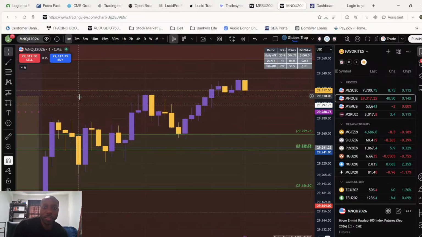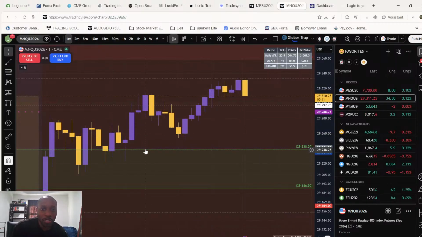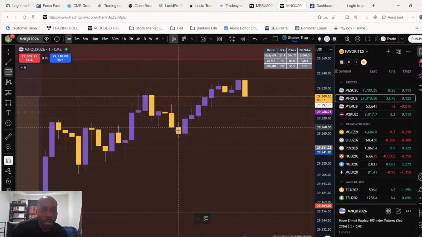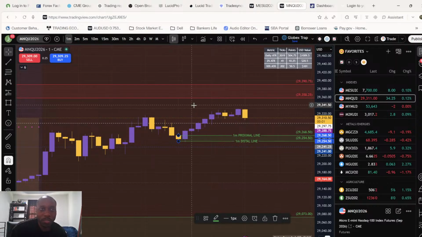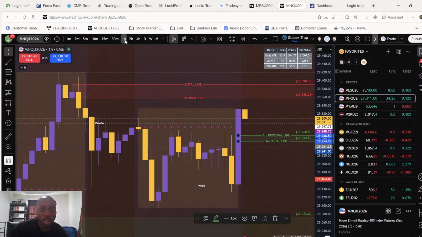I'll get rid of all this stuff. So we got a 1 minute demand zone here. You can see price come to that, which also would not leave a gap. If it doesn't come there, then a gap is left.